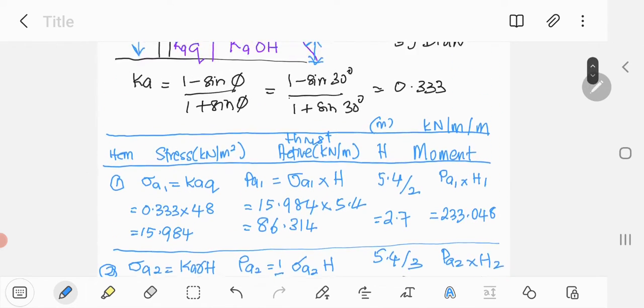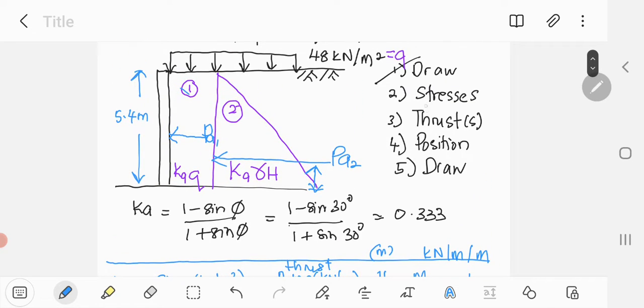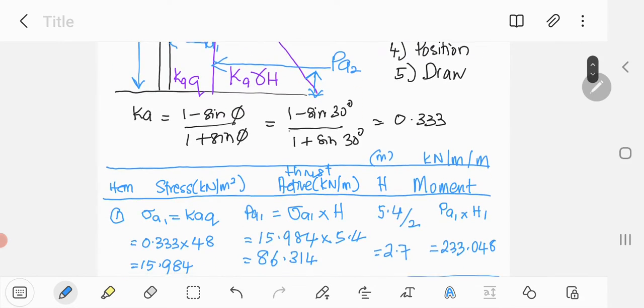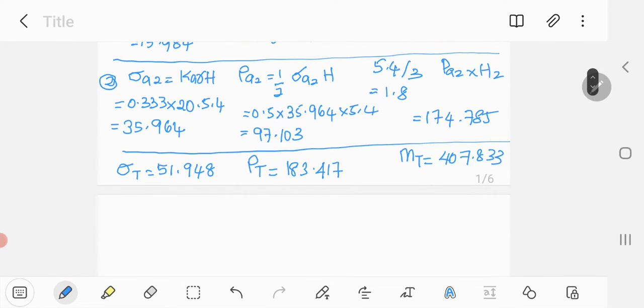Okay, so let's check our checklist. We already drew, we already calculated the stresses for the two elements, and we already calculated the thrust. Right now we don't know the position if we combine both element 1 and 2. We know the position for each element, but for this kind of question, we need to know the position of the combination case.